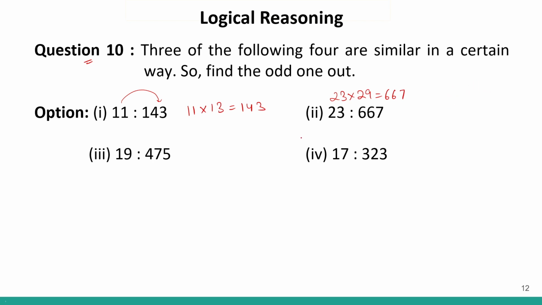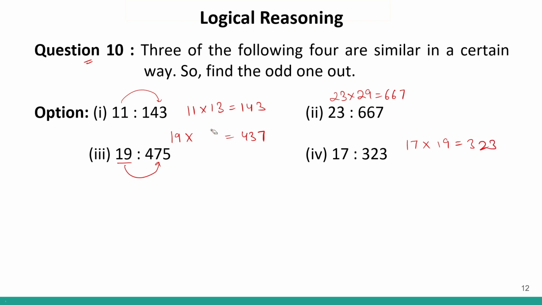Now when I look over here, 19 and 475. 19 will not have 475 as a multiple, but 19 into 23 will give me 437. And when I look over here, 17 and 323, I can clearly see that 17 into 19 will give me 323.